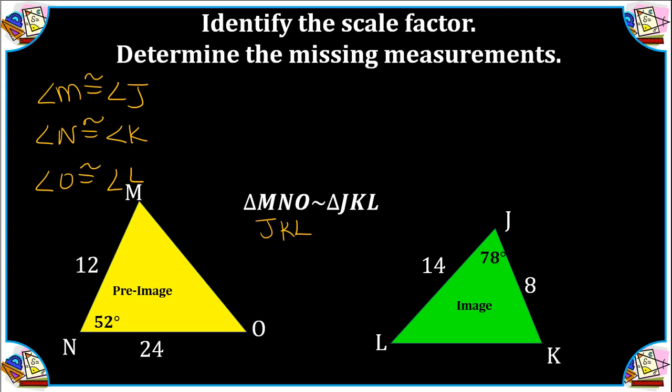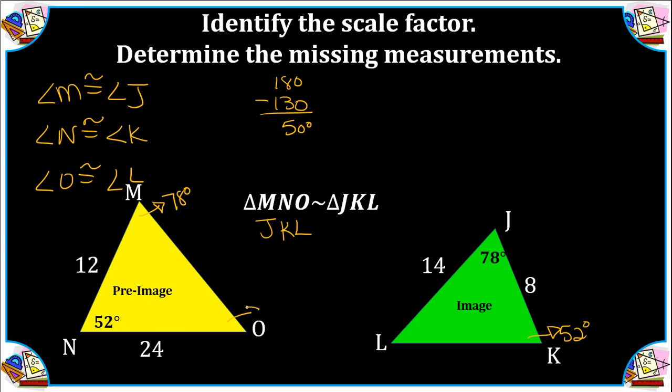N is 52, so K is going to be 52 degrees. J is 78, so M is going to be 78. Now to get O and L, we're going to add up the two known angle measurements and then subtract from 180.